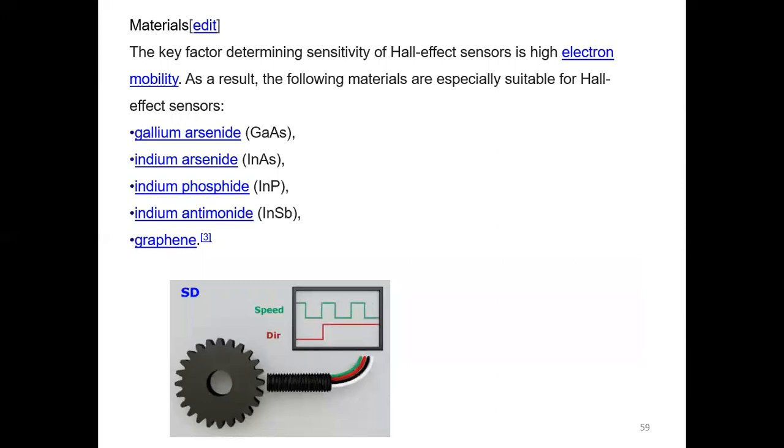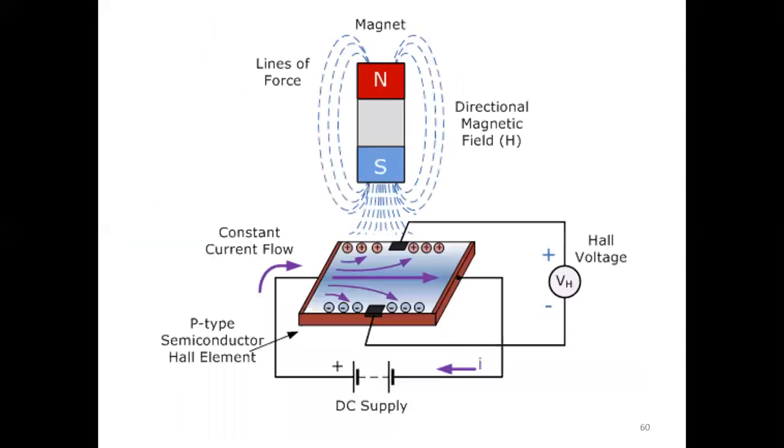Now, the materials used in the Hall effect sensor. We cannot use any type of material in the Hall effect, because some materials will interfere with the magnetic field. The key factor determining the sensitivity of a Hall effect sensor is high electron mobility. Examples are gallium arsenide, indium arsenide, indium phosphide, indium antimonide, and graphite.